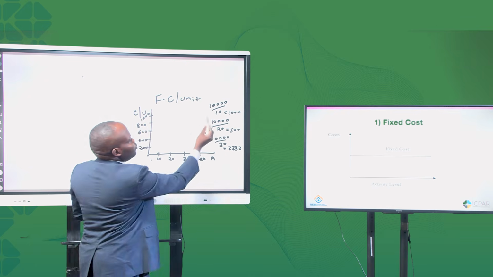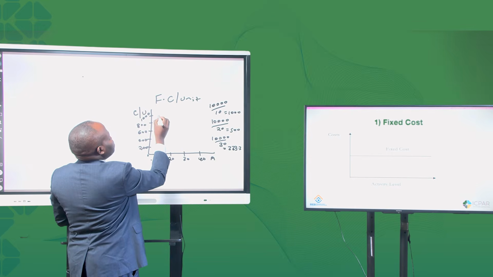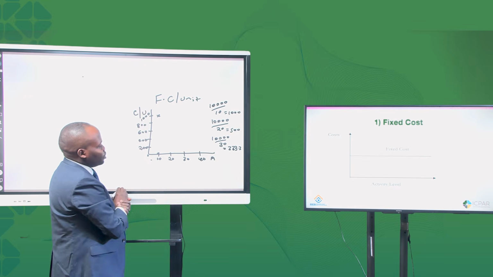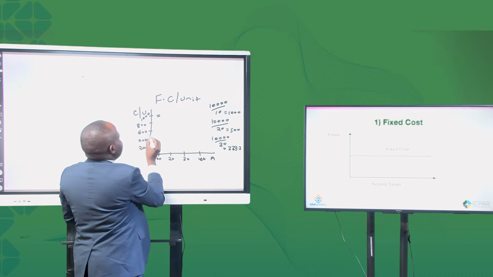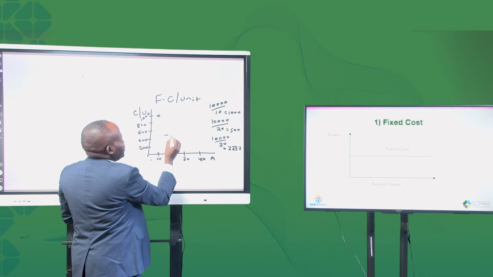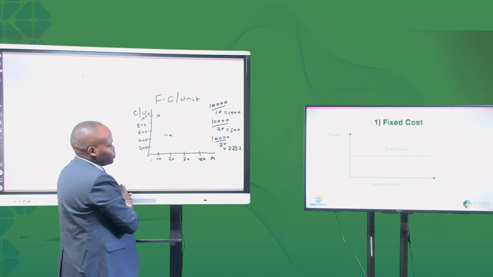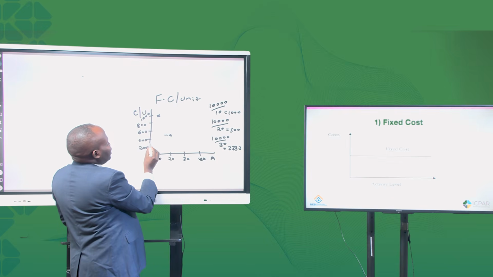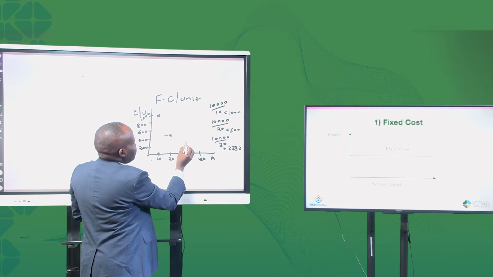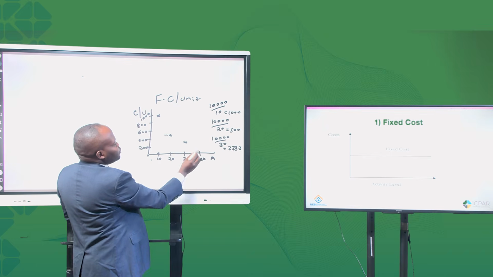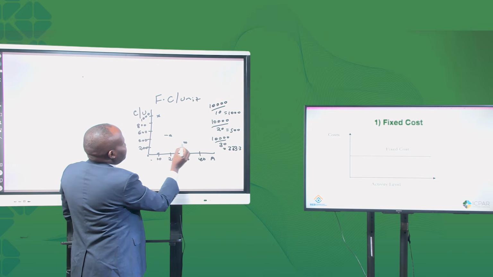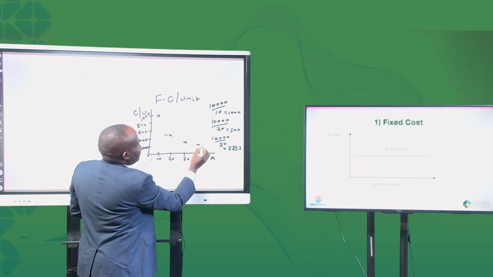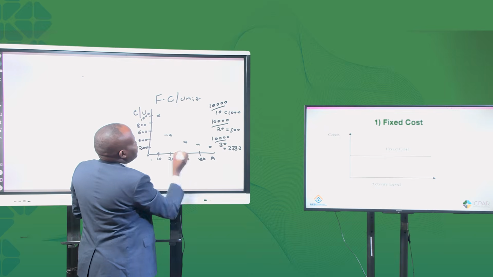When you produce 10 units, the fixed cost per unit is somewhere there. When you produce 20 units, it's 500, which is roughly there. When you produce 30 units, it's 333, so it's roughly there. When you produce 40, it changes to 250, somewhere like that. When you produce 50, it comes to that.